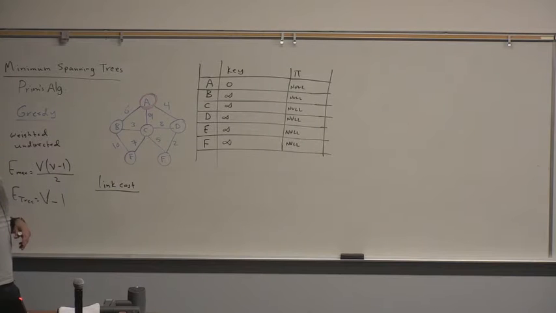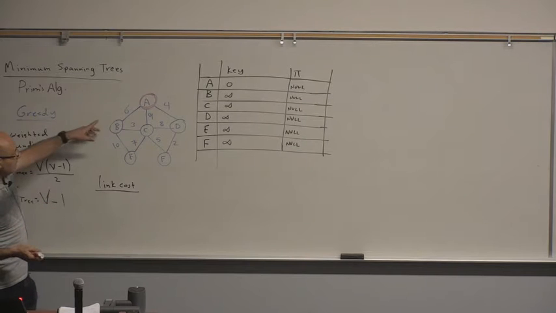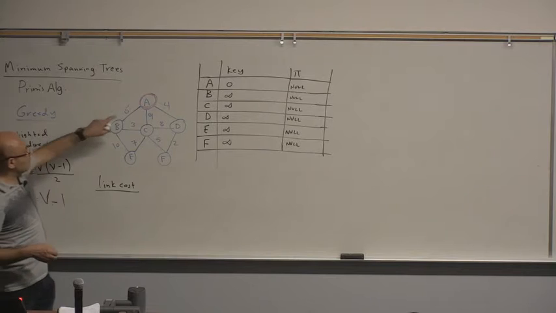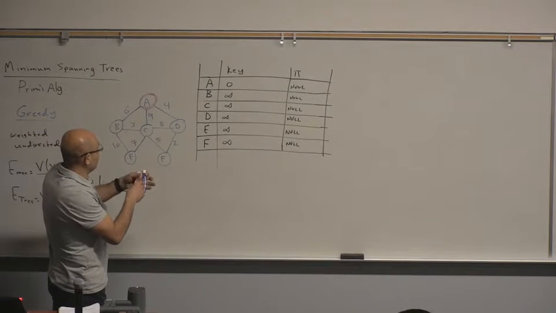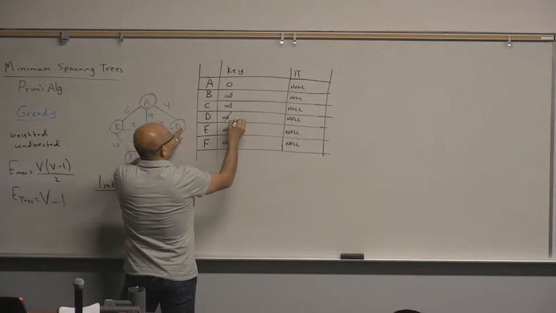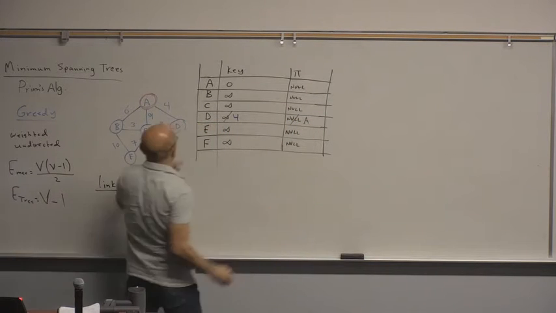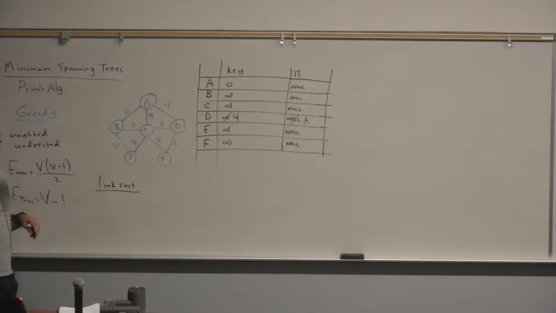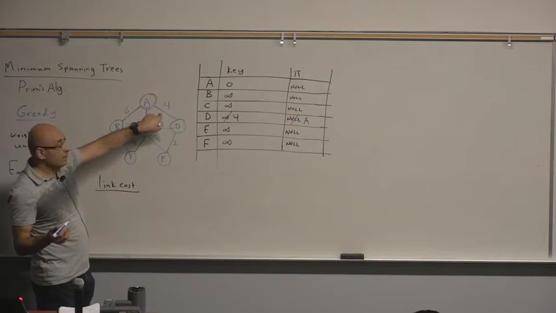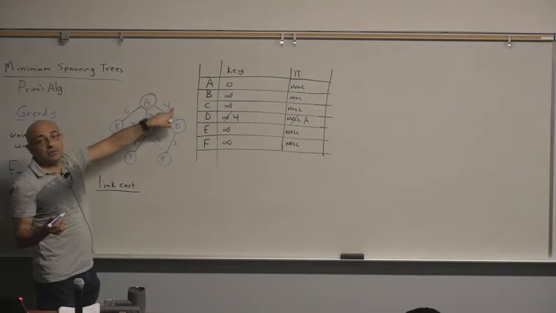Now the next logical step is to look at the neighbors, right, to see if we can link one of them. So we have 3 neighbors, C, D, and B. So now we have discovered a way of linking D, and that will cost us 4. So for D, we have discovered a way of linking D with cost 4, and this is going to come via A. So we have an option of linking D to the network using this edge, and this will cost us 4.